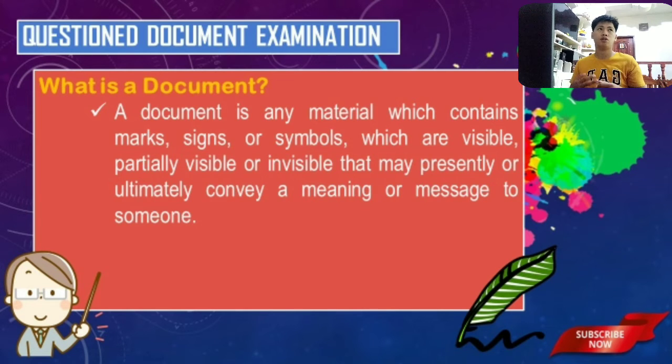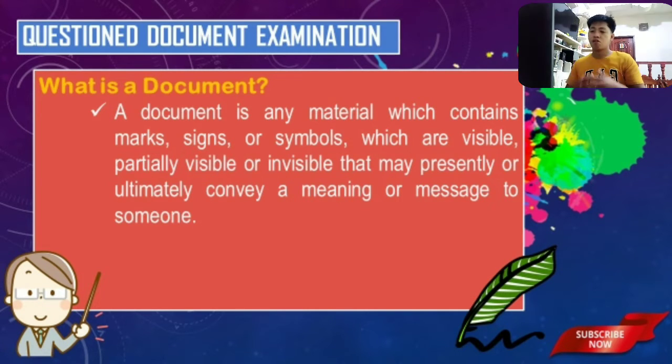Like for example, it could be on your appliances, or on the headboard of your bed, things like that. I always ask them if they are going to consider that still as a form of document.